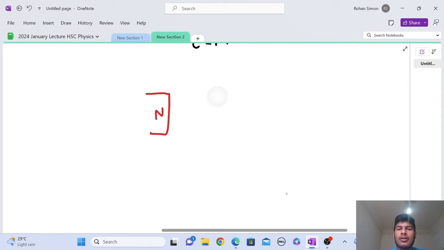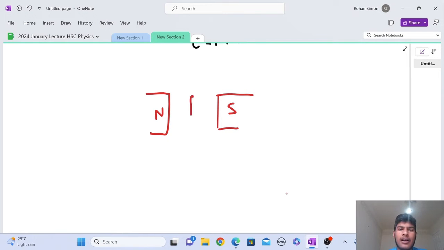We have our north pole here, we have our south pole here. If we have our coil and it's perfectly vertical, this is a side-on view. If you think about the current, it's going into the page, and this one's going out of the page.